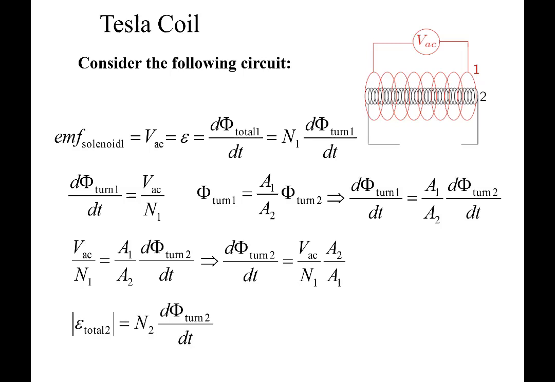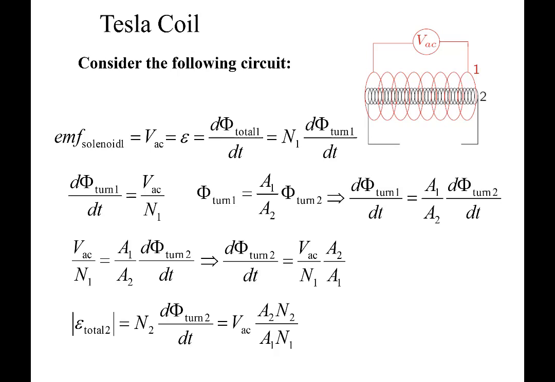So the net voltage, the total voltage, that comes out of coil 2 is the number of turns in coil 2 times the expression above, which results in this. The voltage induced in coil 2 is simply related to the input voltage, VAC, multiplied by the relative ratios of the areas and the number of turns.